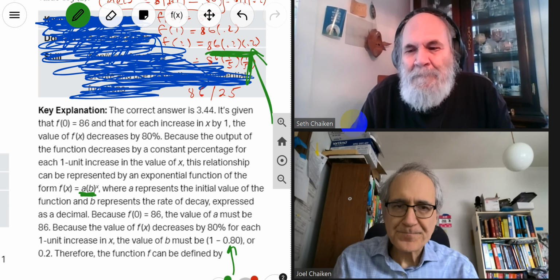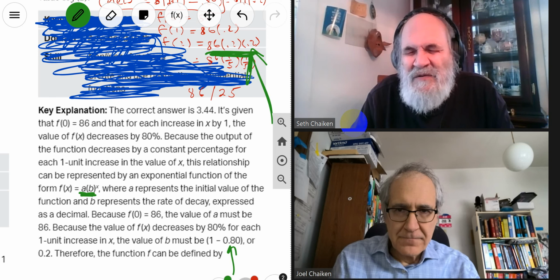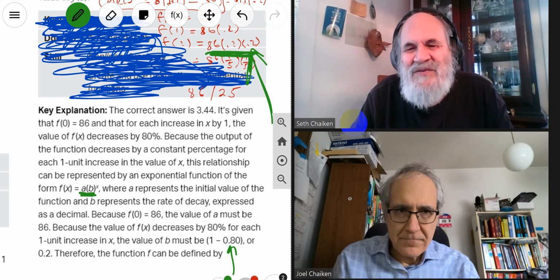Right. So it's a test testing your familiarity and fluency with a range of questions in mathematics.